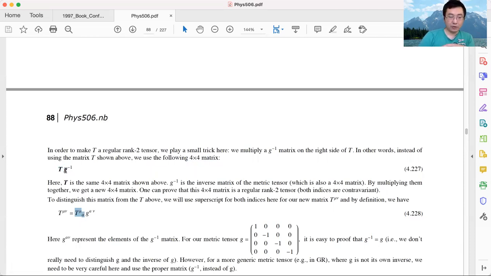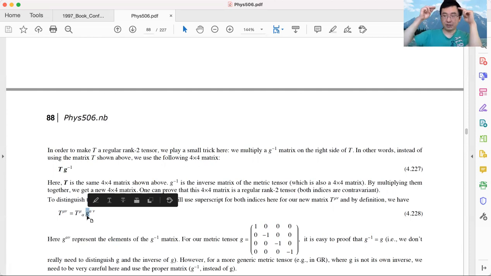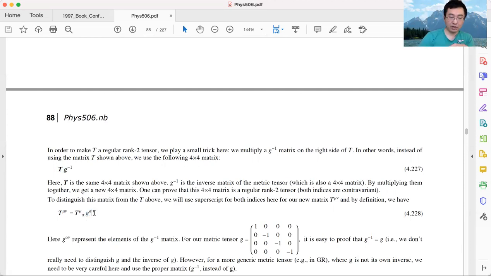For the G inverse matrix, one convention in special and general relativity is that we also call it G, but we use upper indices. Upper indices of G means this is actually the G inverse matrix. Lower indices means it's G, the metric tensor.